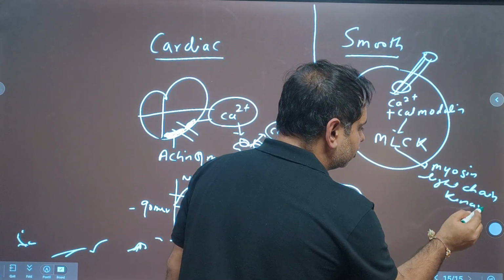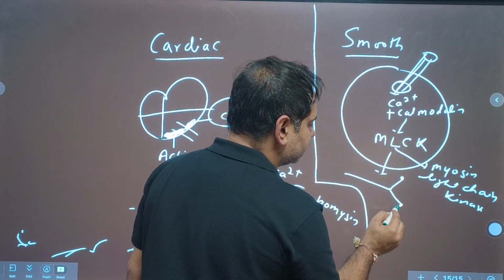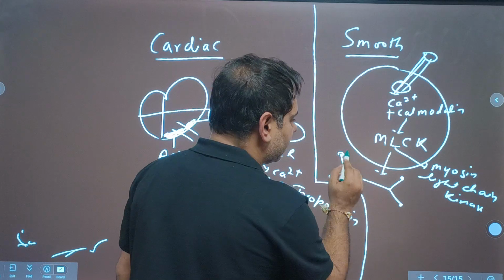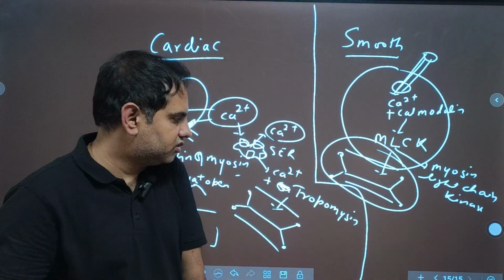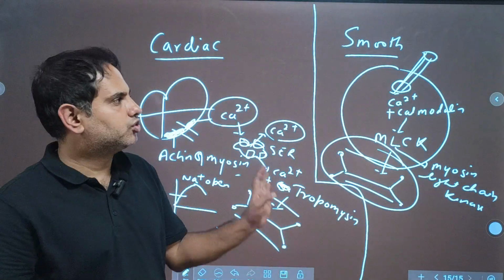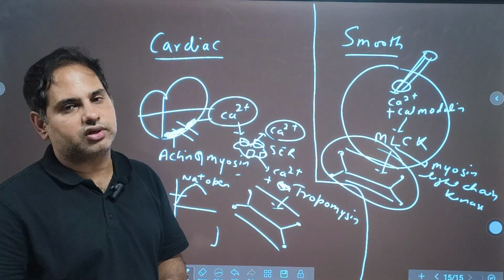So these myosin light chain kinases will do the phosphorylation of myosin, and when myosin is phosphorylated, it will interact with the actin and result in contractions. So that is the difference, right? Smooth muscle contraction or your cardiac muscle contraction.